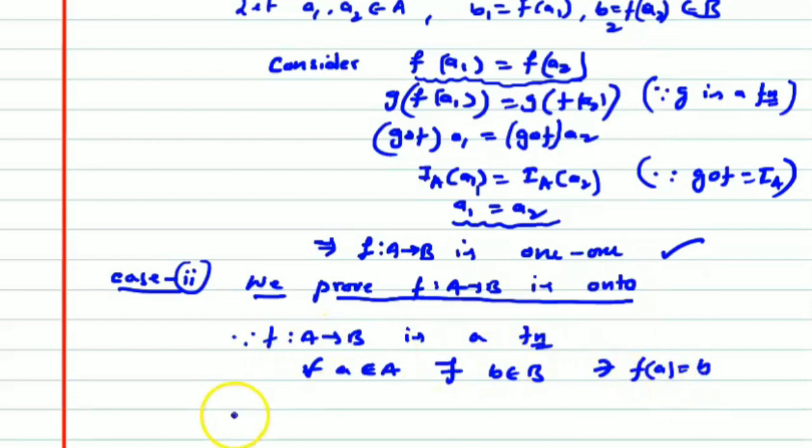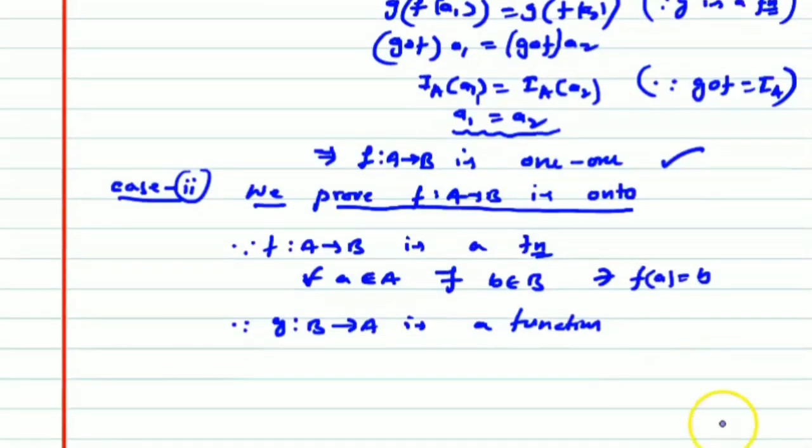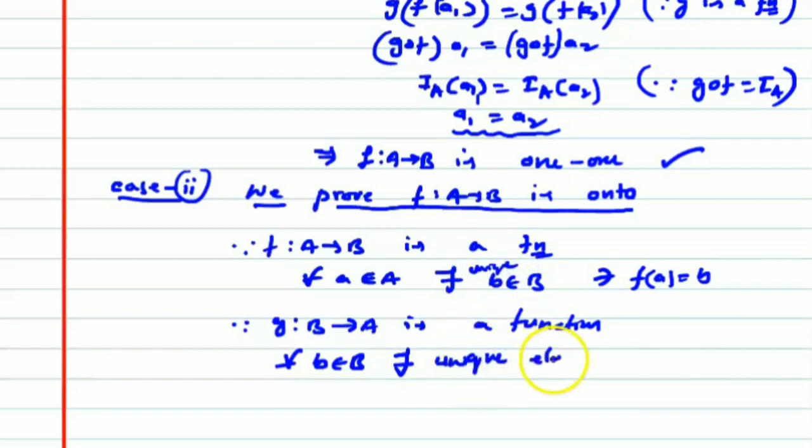Also, since g maps B to A is a function, what can I write? For each b belongs to B, there exists a unique element a belongs to A such that g of b is equal to a. g of b is nothing but a.